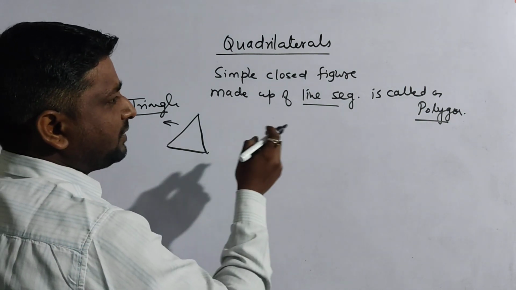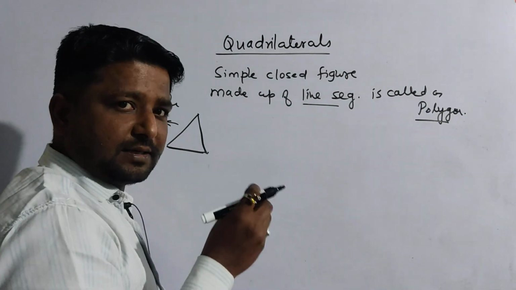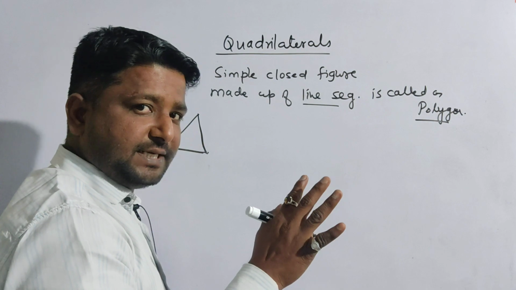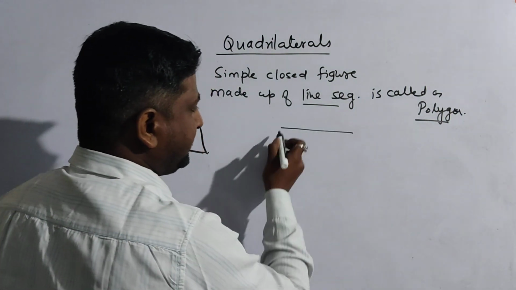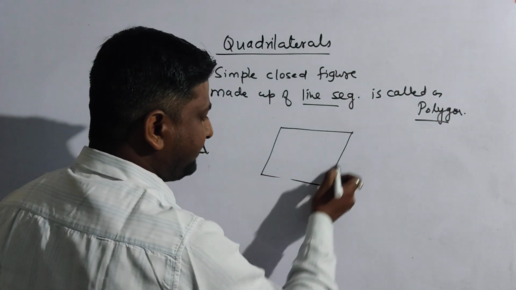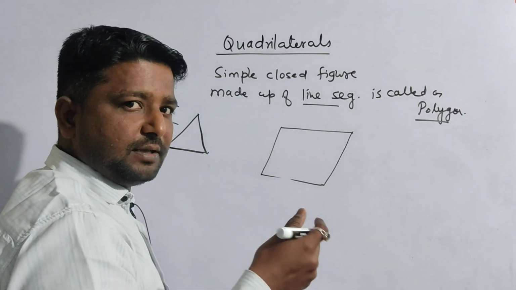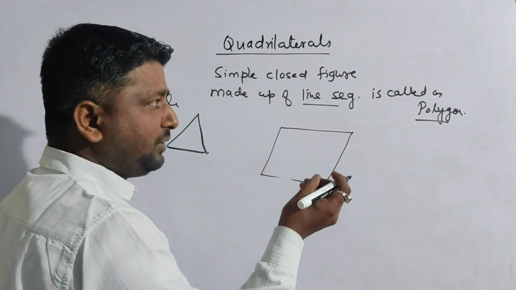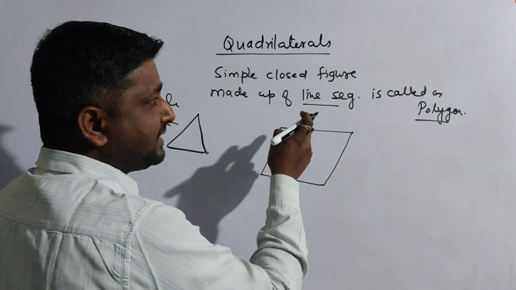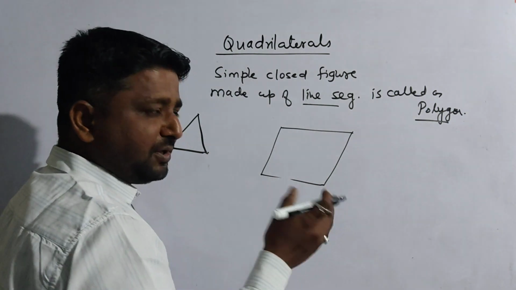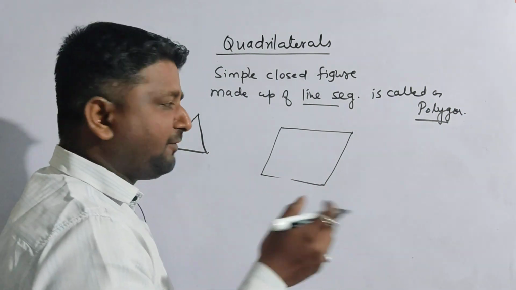Okay. So what is a quadrilateral? Well, a quadrilateral is a polygon which is made up of 4 sides, right? So 1, 2, 3 and 4. You can draw it the way you want. What you need to do is just make sure that it's a polygon. What is a polygon? A simple closed curve made up of line segments.